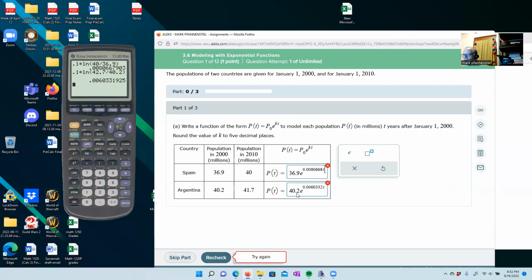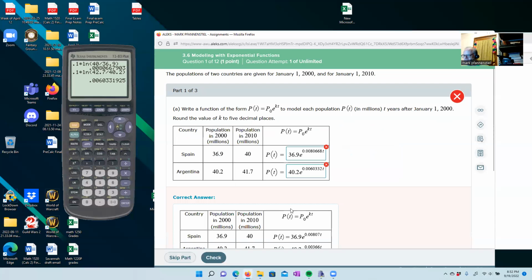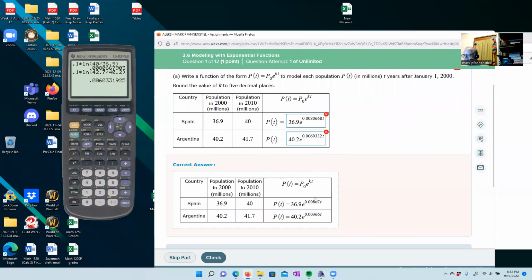Beautiful. What did I do wrong? I'm going to press go one more time, just to double check. I want to see where I'm wrong. I think they decided I was wrong because this is not listed to the proper degree that they had specified. I will try to be more careful.